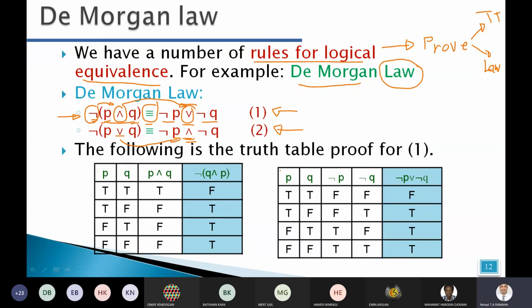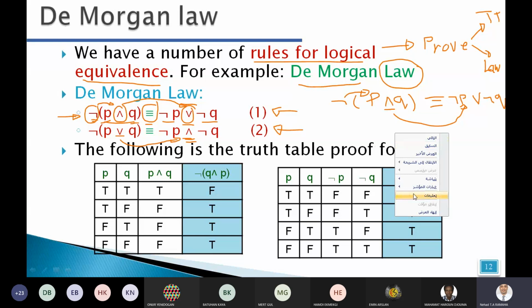Then this law, not (P and Q) is logically equivalent to, if you get this not inside, not P, and this AND will become OR, not Q.